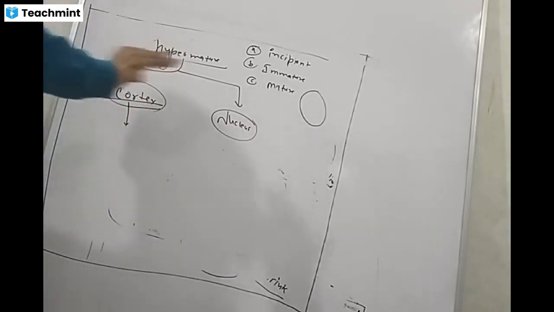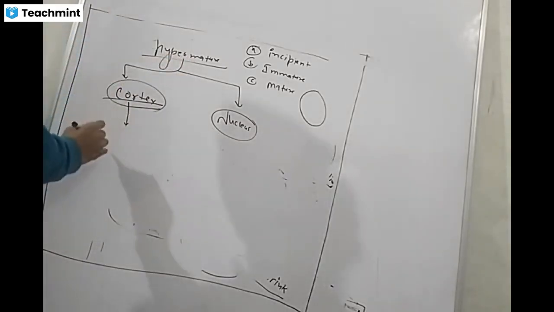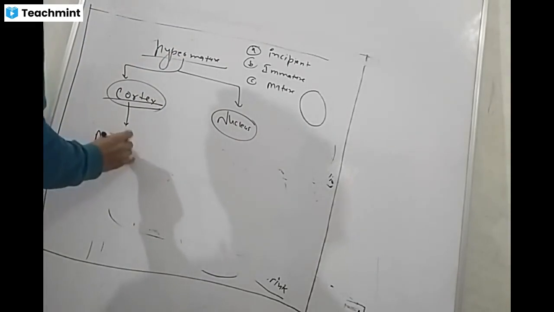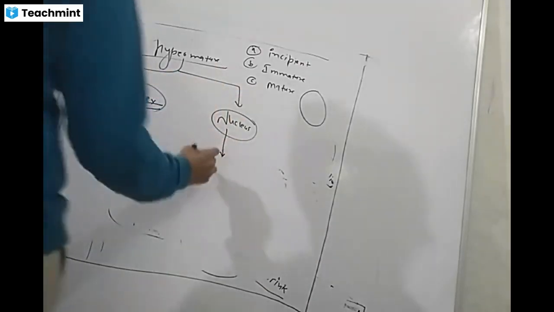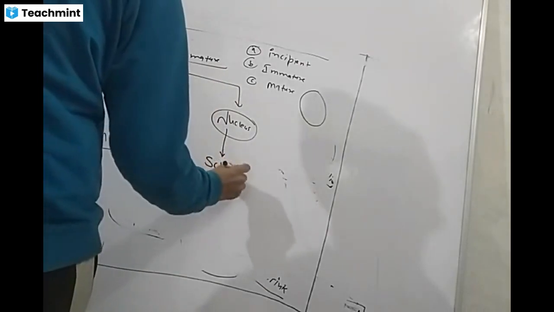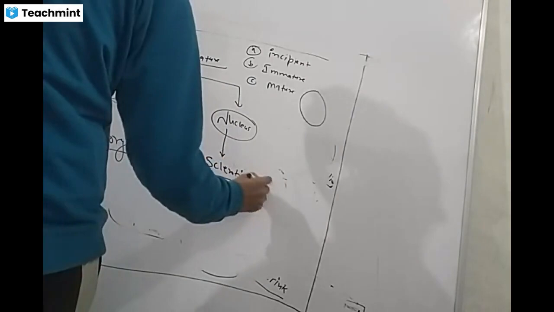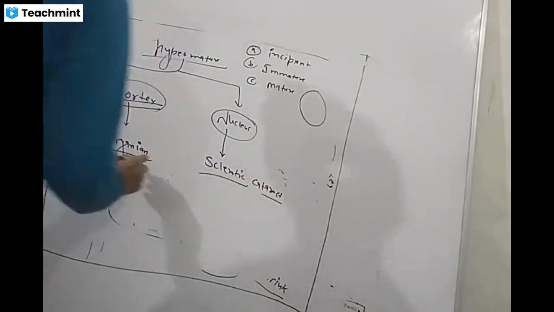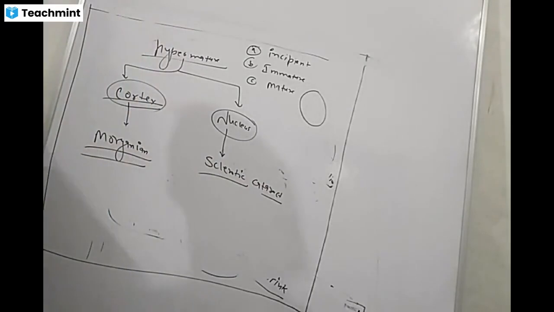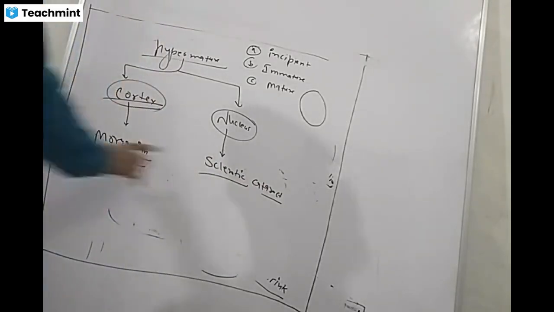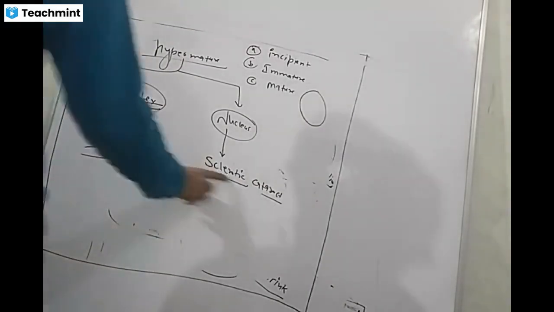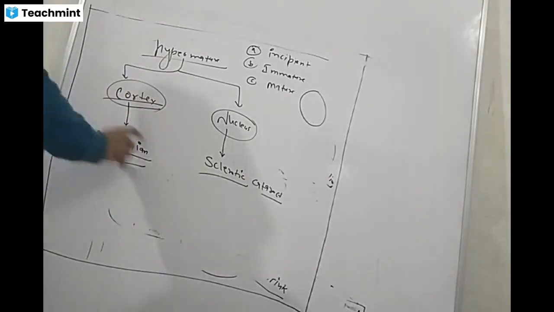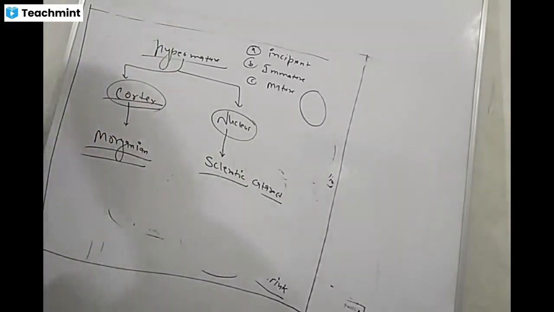When the cortex becomes liquefied, hypermature, it is called Morgagnian cataract. If the nucleus becomes hypermature and hard, then it is called sclerotic cataract. So these are the terminologies under hypermature. First we'll see what is Morgagnian cataract.